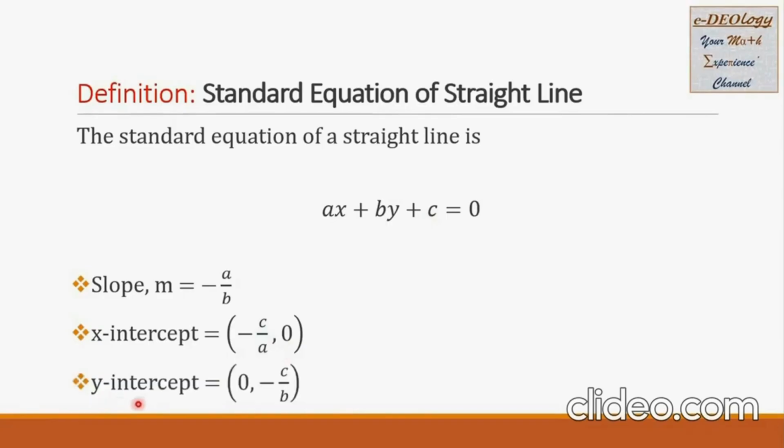With regard to the y-intercept, the ordered pair is here. The x-coordinate is always 0, and the y-coordinate is equal to negative c over b. C is the constant here, and the b is the coefficient of y.